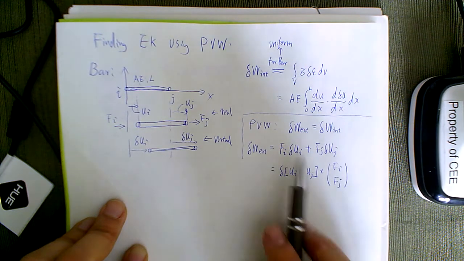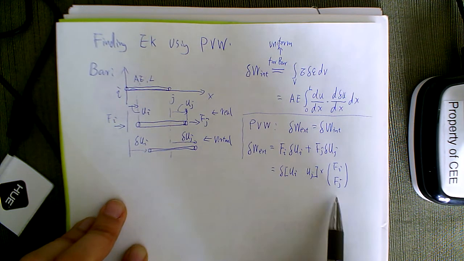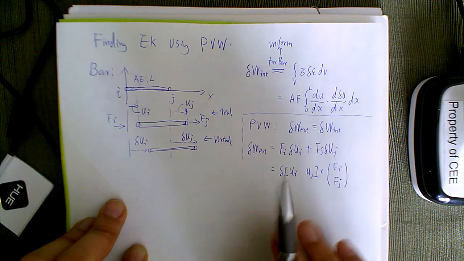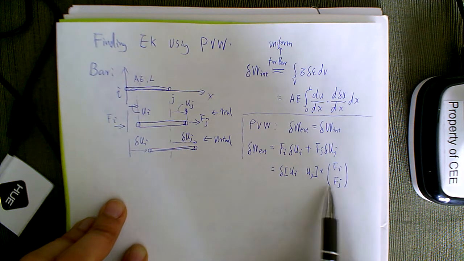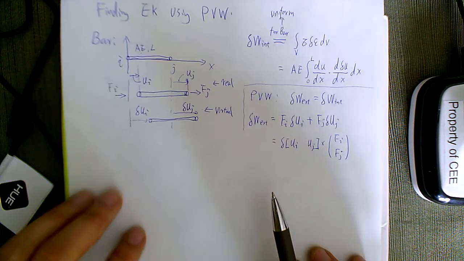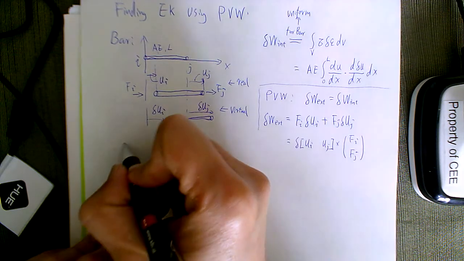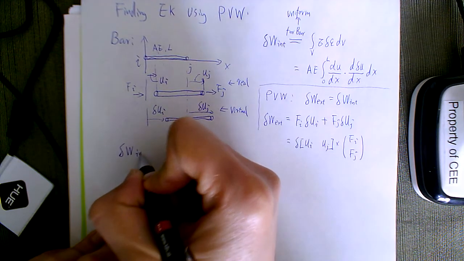If you look at this notation and do the matrix multiplication, it's exactly the same thing. I haven't changed anything, just written it in force vector form. Okay, the real beauty comes in writing the internal virtual work.